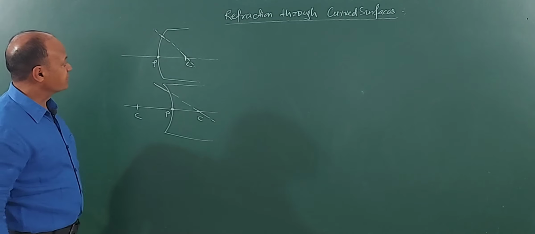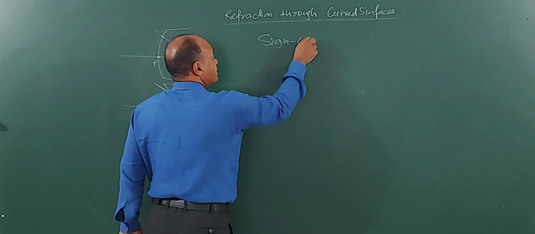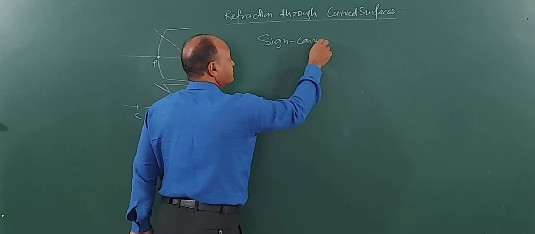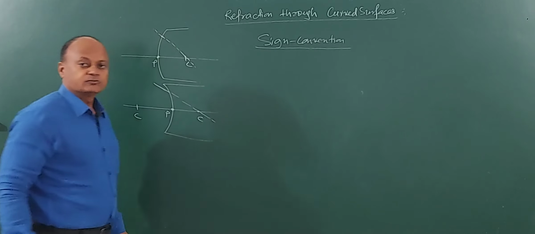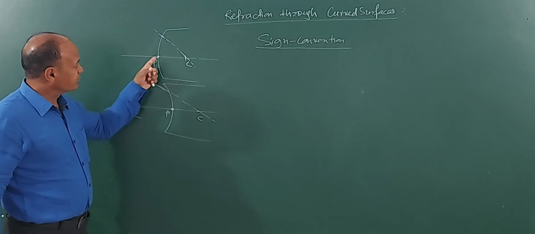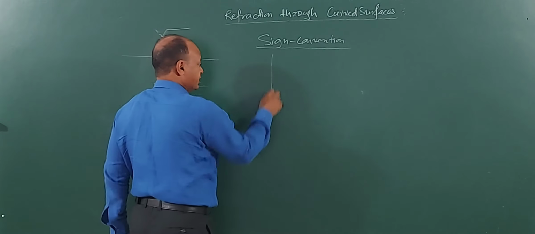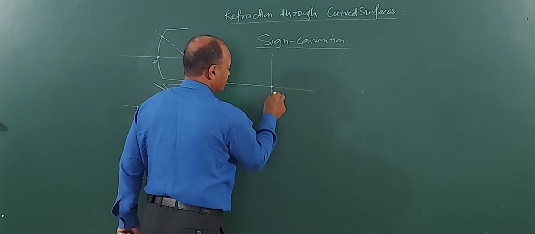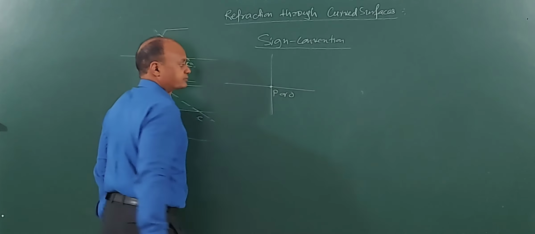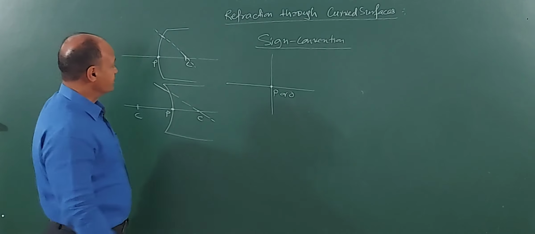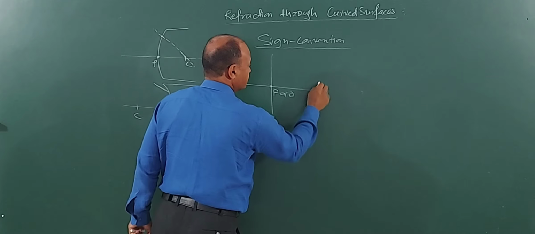And the next thing we need to understand is sign convention, because we are going to use it all the time. Remember, all the distances will be measured from the pole, right? Pole can be taken as origin. This is the pole P or O. As you measure distances on the right, this side, on the right distance is taken as positive.